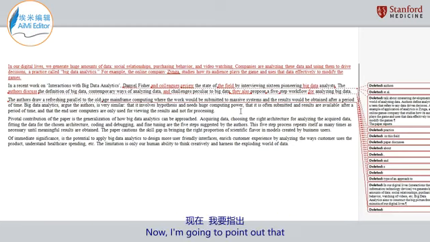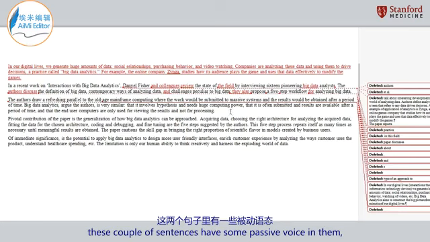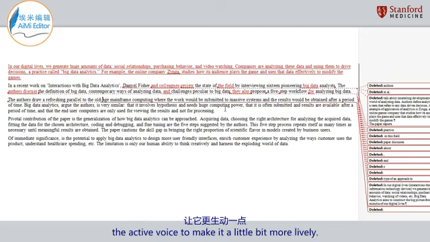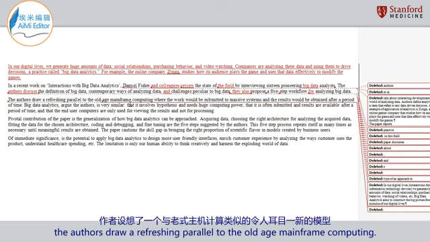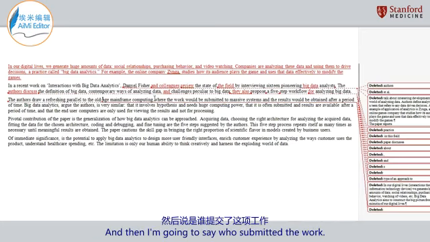Now I'm going to point out that these couple of sentences have some passive voice in them, so I'm going to try to put this back into the active voice to make it a little bit more lively. So to put this in the active voice, we would say the authors draw a refreshing parallel to the old-age mainframe computing, and then I'm going to say who submitted the work.